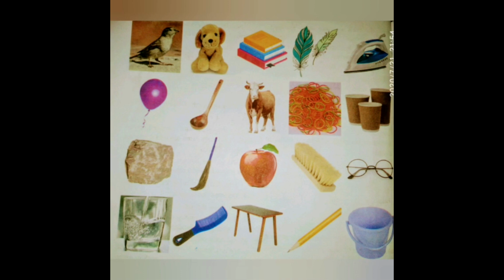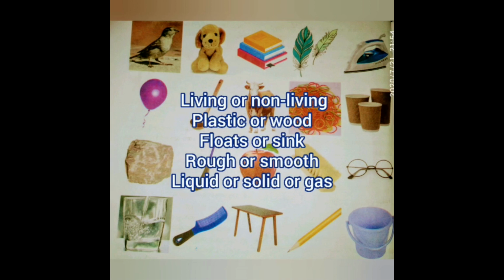Maybe things that float, things that sink, things made up of plastic, things made up of wood, which are lightweight, which are heavy. Try to characterize them and complete this activity and kindly post the picture in the group.